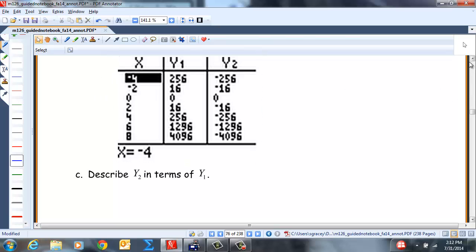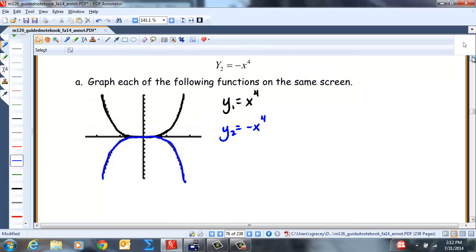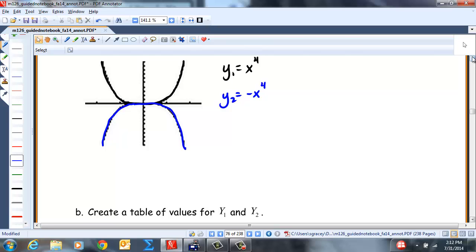And what happened, if we're looking at y1 and y2, the graph of y2, think of it as a reflection. It was reflected about the x-axis, right? The x-axis.